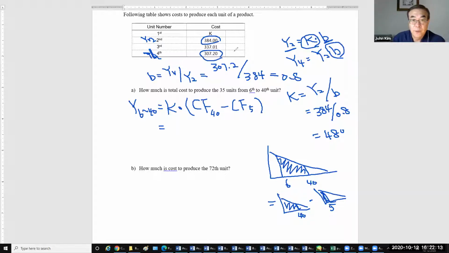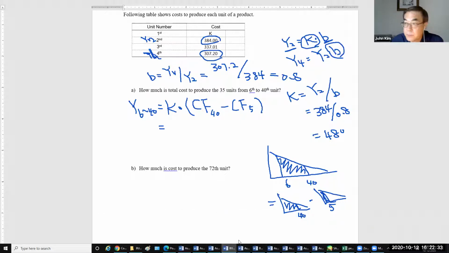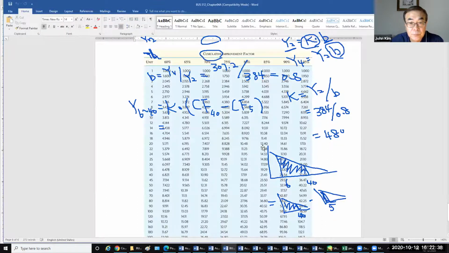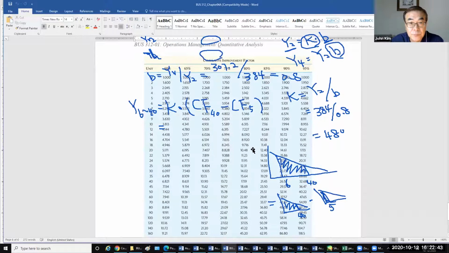The cumulative factor, I will bring up that chart. Just a moment. Charts for cumulative factor. This one is the cumulative factor.